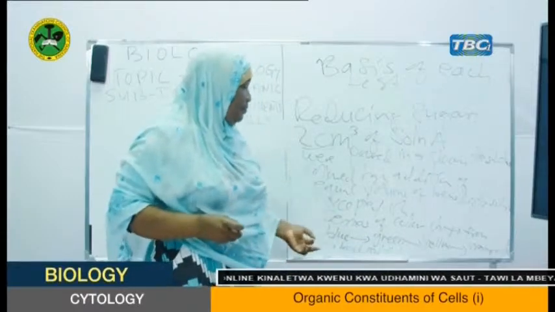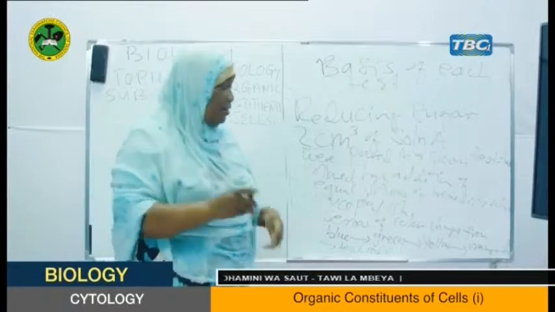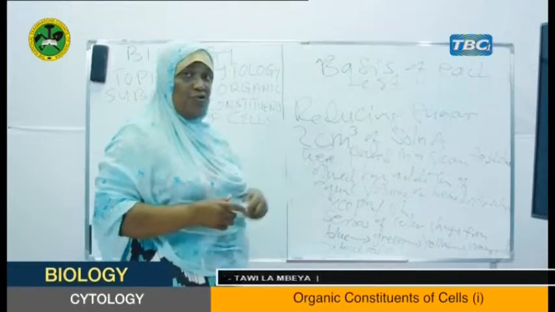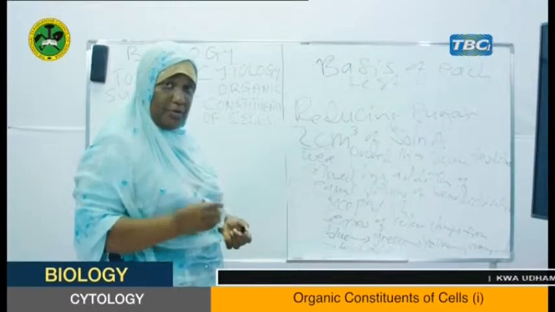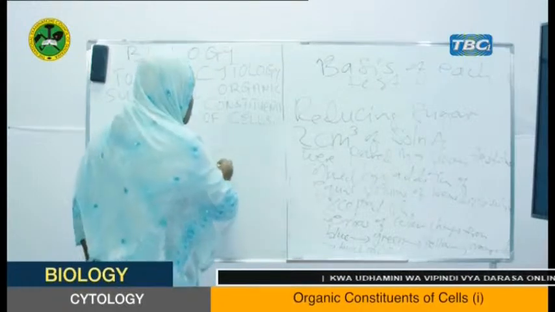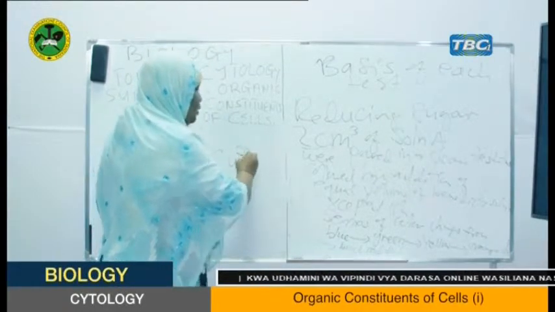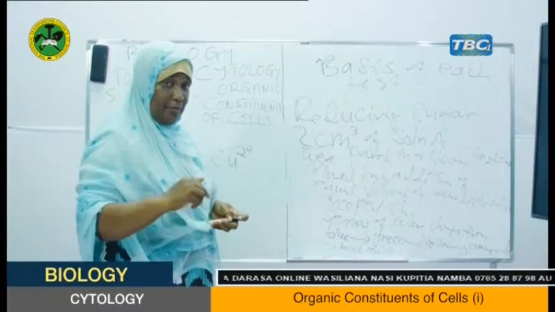What is the basis of that test? You know that for reducing sugar, you are using Benedict solution. One component of Benedict solution is copper 2 ion. It is made up of copper 2 ion.